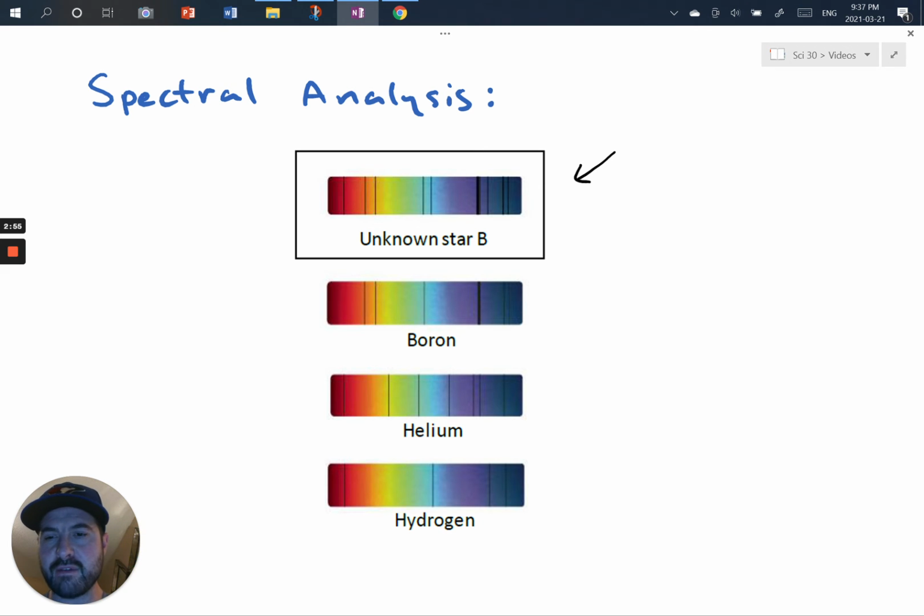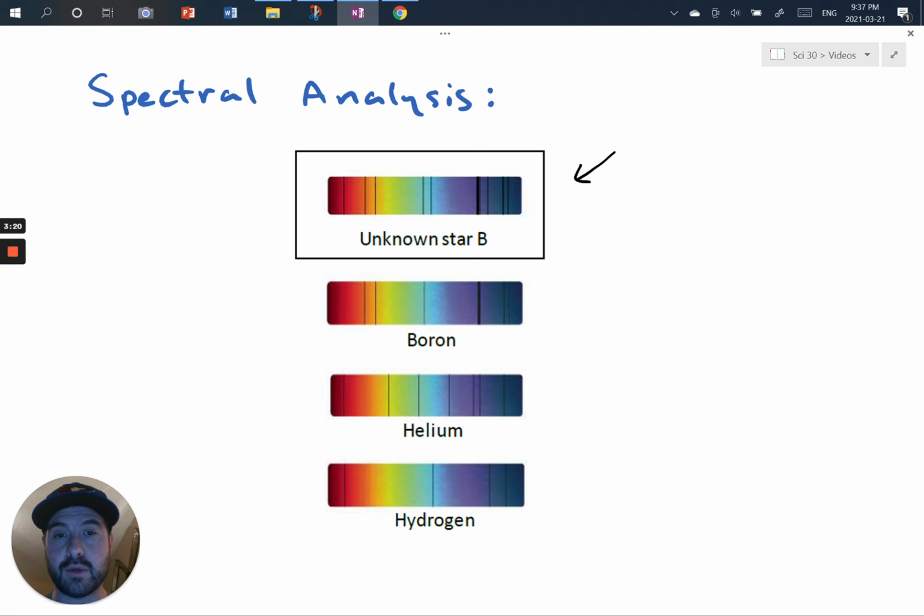Those are all the wavelengths that were absorbed by those cooler gases in the atmosphere of the star. And by looking at the pattern, the signature, the fingerprint, we can figure out which elements are in that atmosphere, and that can help us figure out a lot of other things, like where the star is in its life cycle, for example.